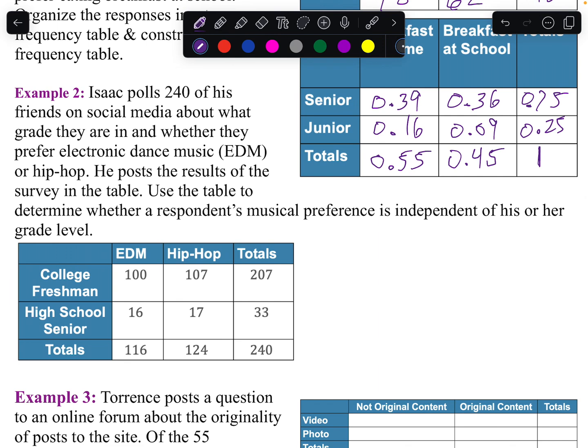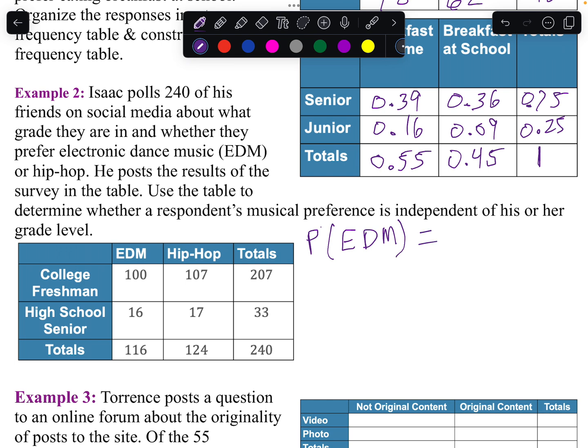So we're going to take a look at our grade level here. And so what we're going to do is find the probability that you prefer EDM.